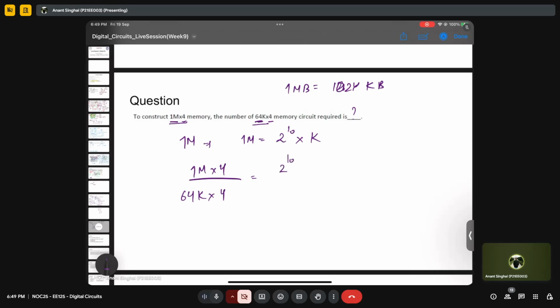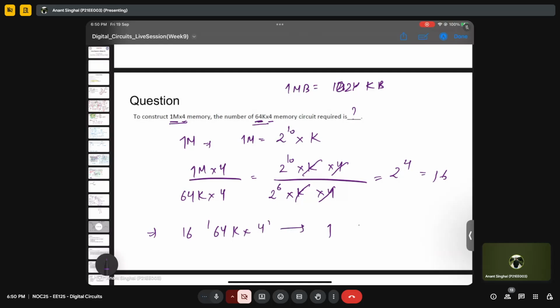So this is 2 raised power 10 K cross 4, and this is 64, which is 2 raised power 6 K cross 4. So basically these many memory units are required, which is 16, right? So basically 16 64K cross 4 memory cells will make 1 mega cross 4. So your answer will be 16. Is it clear?